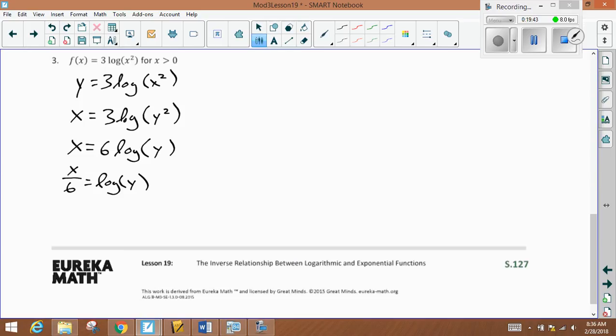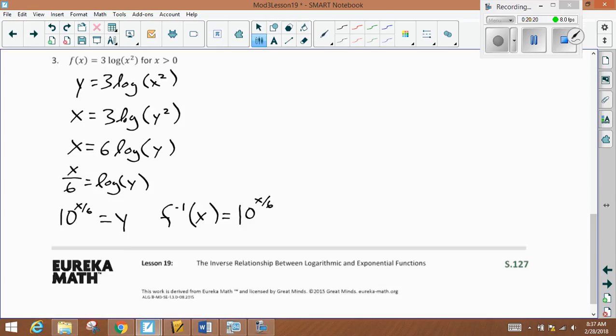I have just the log on one side and then one term on the other side. So I can say 10 to the x over 6 power equals y. I can use that property of logarithms to write it as an exponential equation. And there we go, we solved for y. Let's use our proper notation by saying that f inverse of x is 10 to the x over 6.